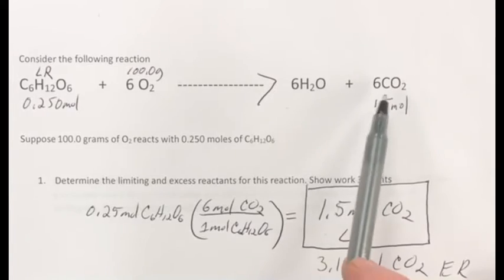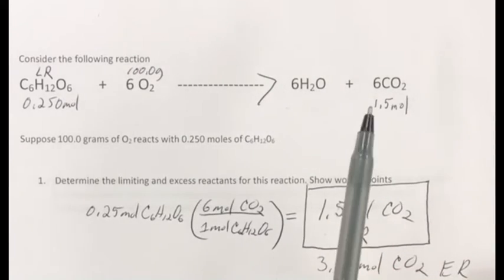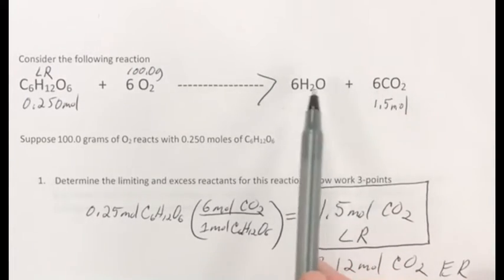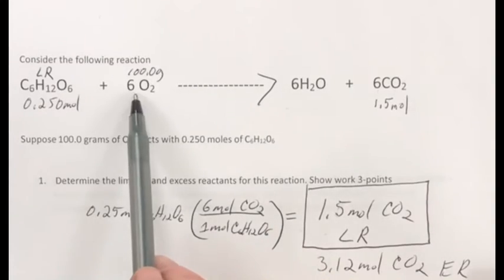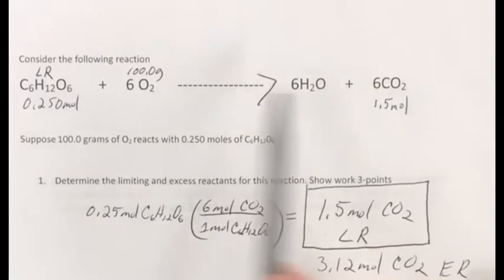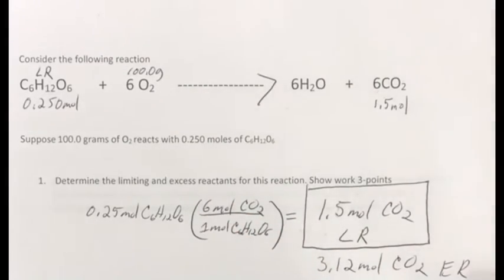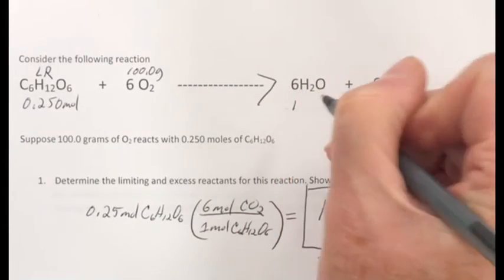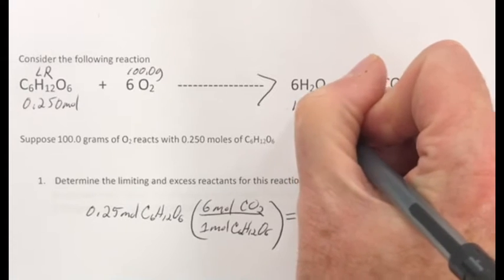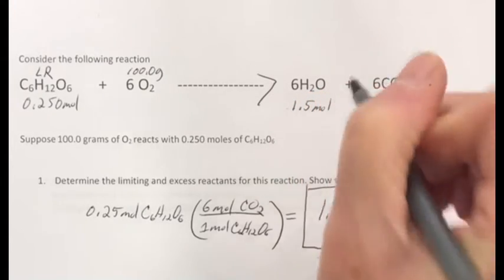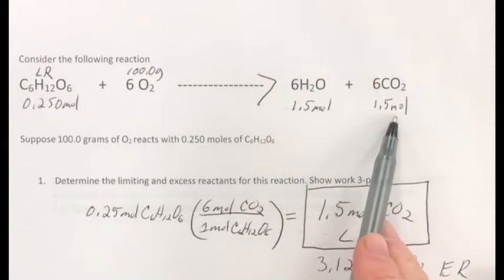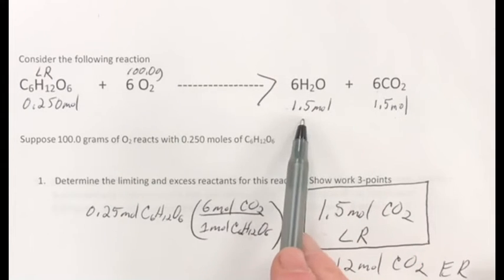Notice it is a 1-to-1-to-1 relationship between these. It is 6 to 6 to 6, but that's equivalent to 1 to 1 to 1. So we know, just by inspection, if this many moles of carbon dioxide are produced, this many moles of water is produced.